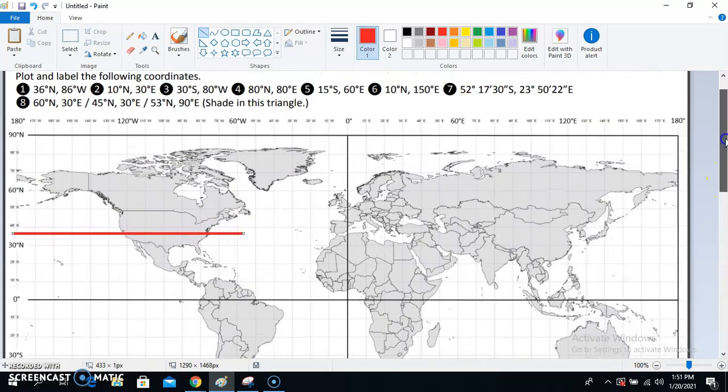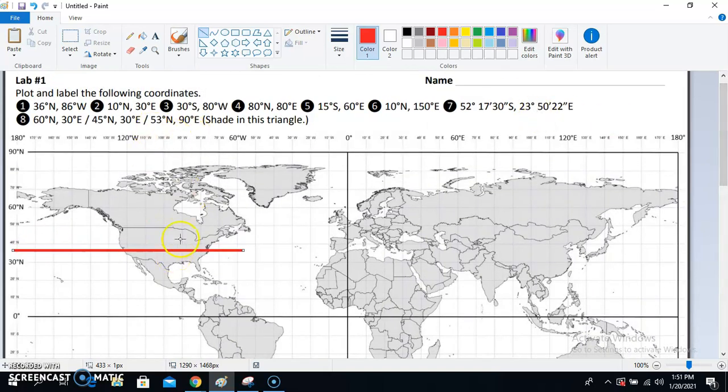Anyway, that said, 86 degrees west, so this is the direction of west. So from 0, 10, 20, 30, 40, 50, 60, all the way over here to 90. So 86 is going to be somewhere right around here in the middle, and where it intersects is, of course, where you're going to put your dot. And if you don't know, that's basically where Gallatin is. Okay?